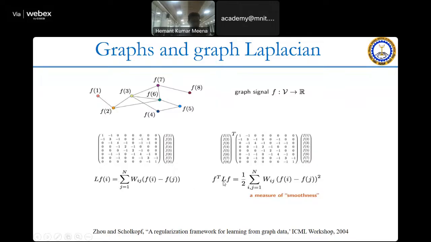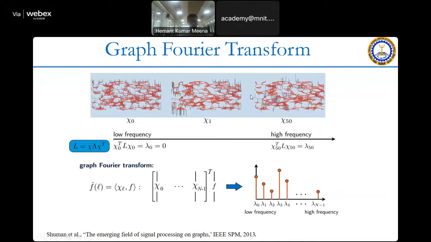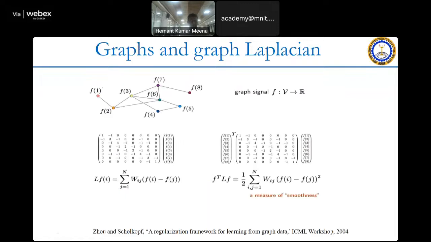In the same way, another very important quantity is F transpose LF. When you calculate this, the value is basically a measure of smoothness. How smooth is your signal? What do you mean by smoothness?